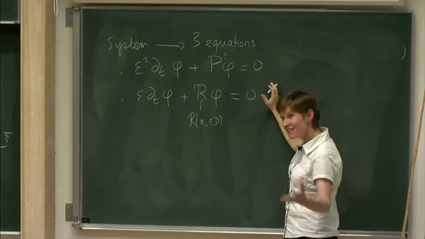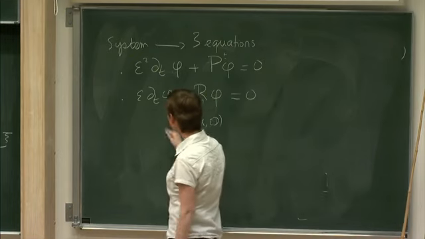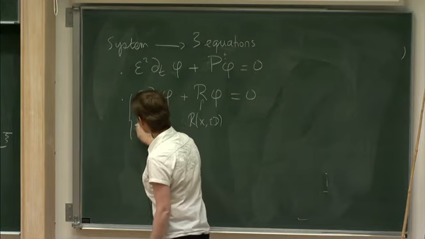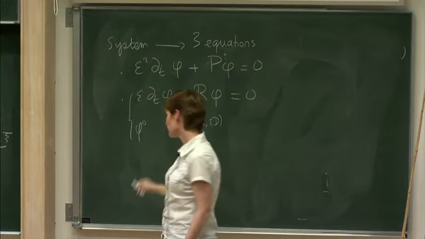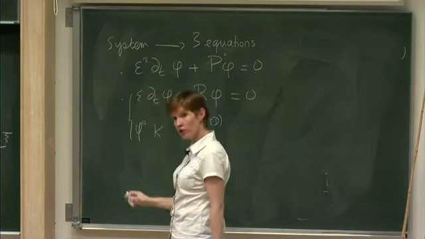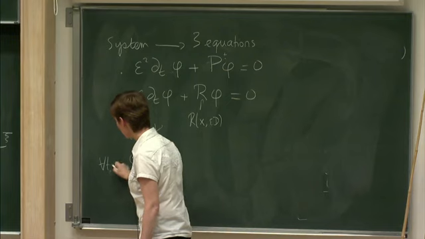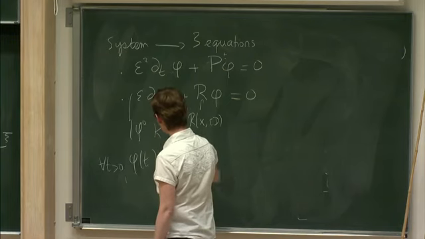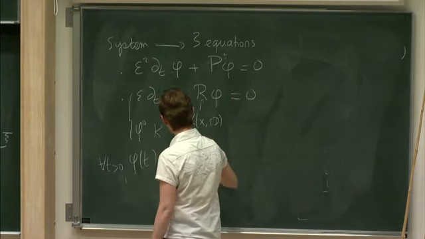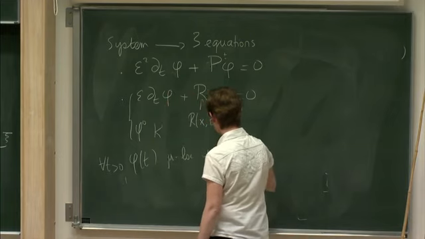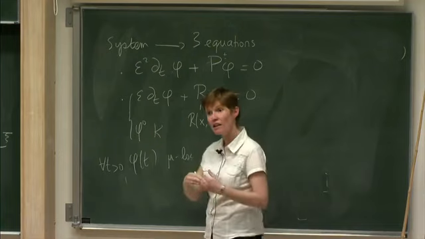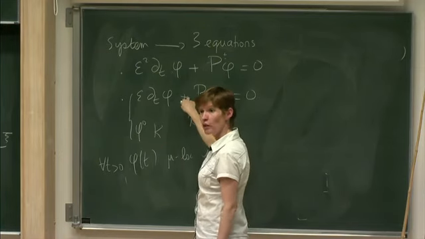If you know a bit of semi-classical analysis, if not, you have to believe me, if your initial data phi 0 is microlocalized in some compact set K, then you can prove that phi of t for any positive time is microlocalized in the compact set K of t, which is just pushing K by the Hamiltonian flow associated with R.